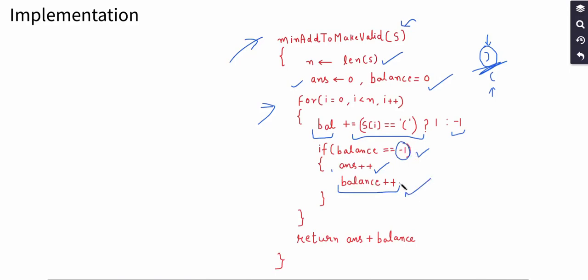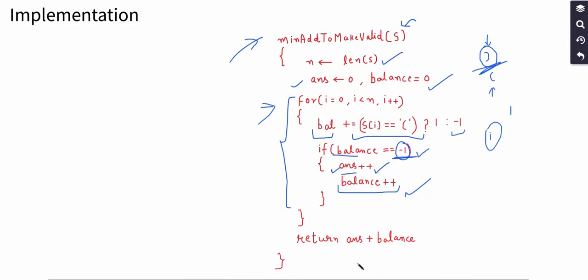Fine, so this will again turn to 0. So this is how I'm proceeding for each prefix. I'm simply making sure that the balance here stays non-negative. If it goes negative, I'm always there to add an opening parenthesis here.